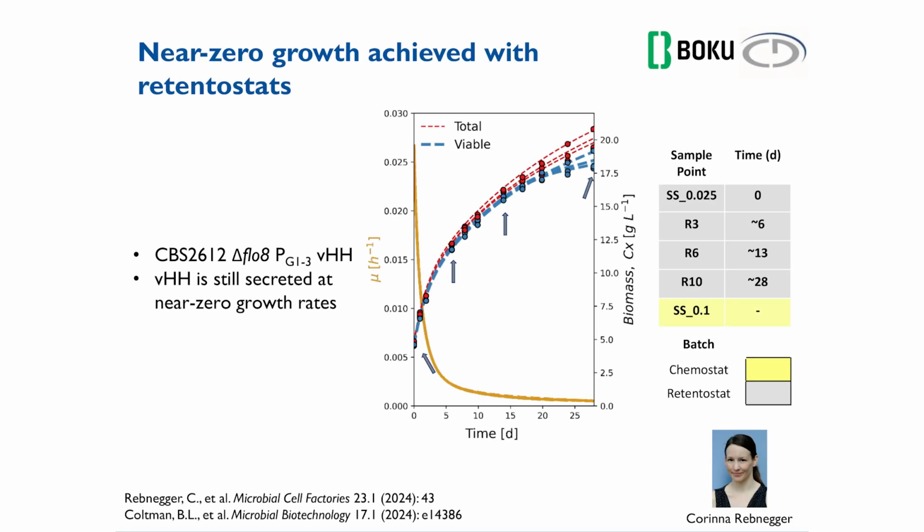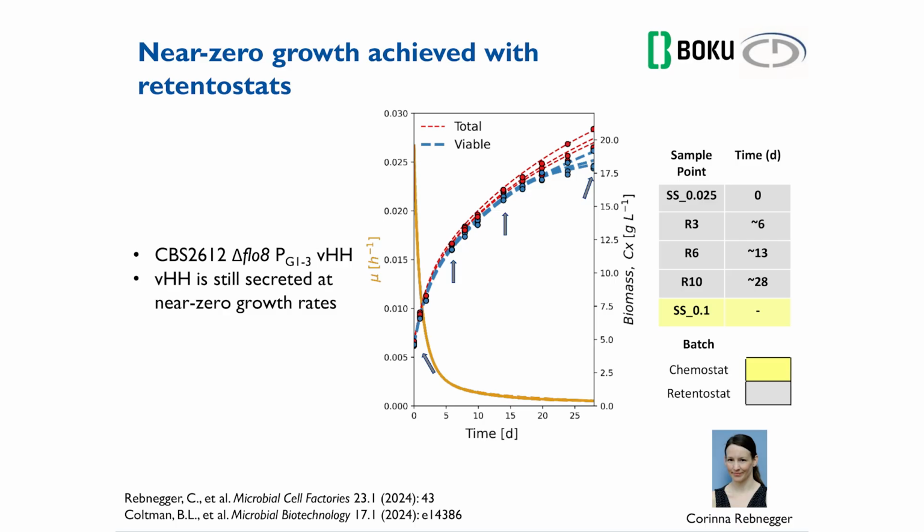And so I'm lucky enough to work with Karina, who performed the retentostat cultivations, which I could use for my data. And at the start of this year, we managed to bring together two separate stories where Karina performed retentostat cultivations of a secreting strain, specifically this delta flow 8 VHH producing strain, VHH expressed under a glucose limit inducible promoter.